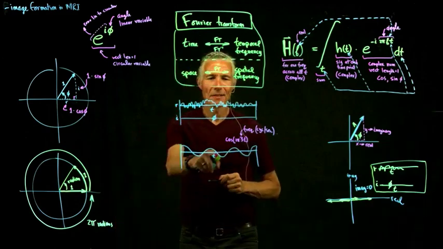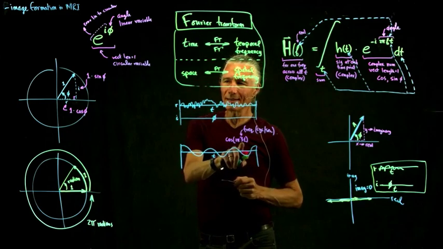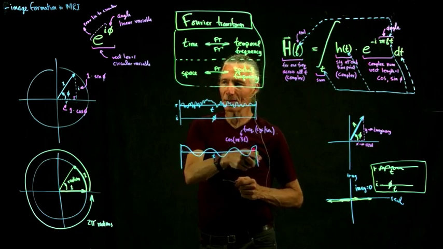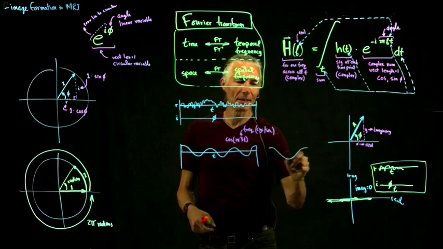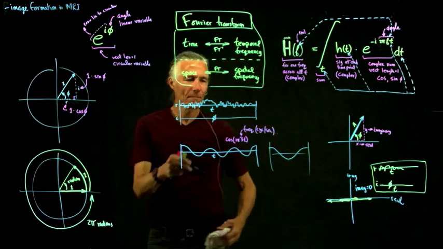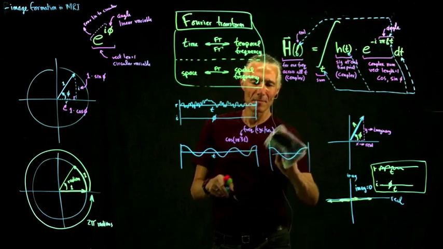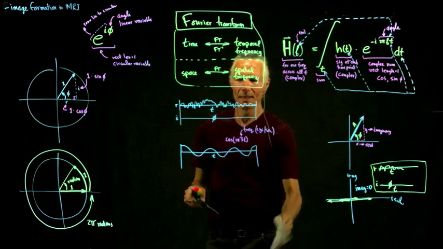If we did cosine of just one cycle of 1 times time, we would end up with just a single cosine. Single cosine would look like that. But here we're doing cosine of 3 times time, and so that will give us 3 humps.